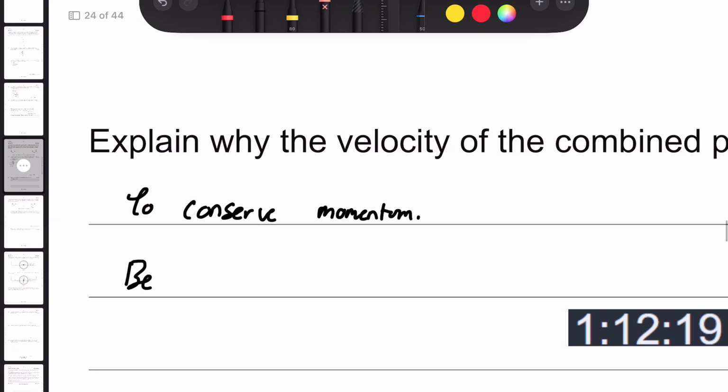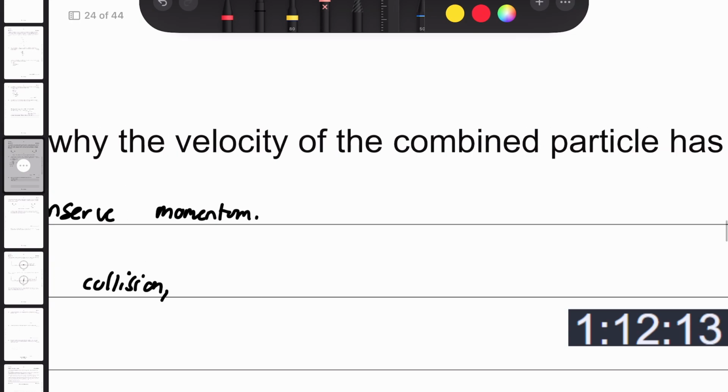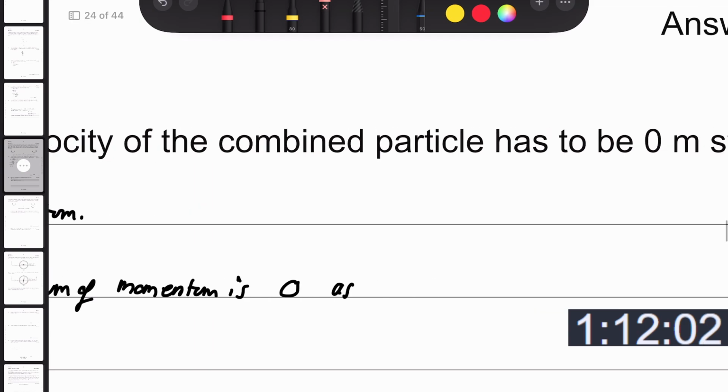Before the collision, the sum of momentum is 0, as the particles have equal mass and velocity but opposite direction.